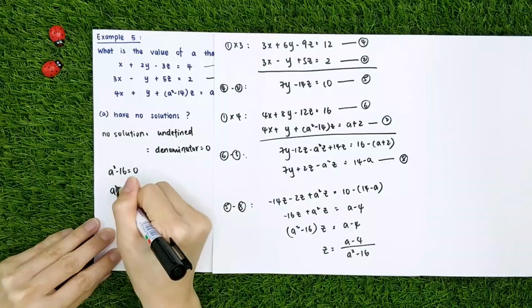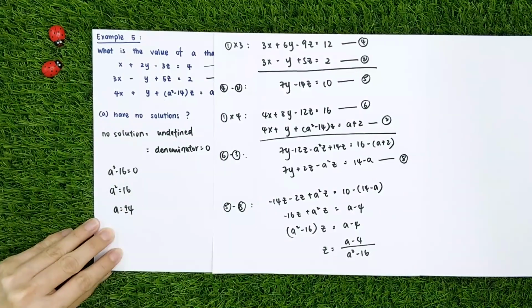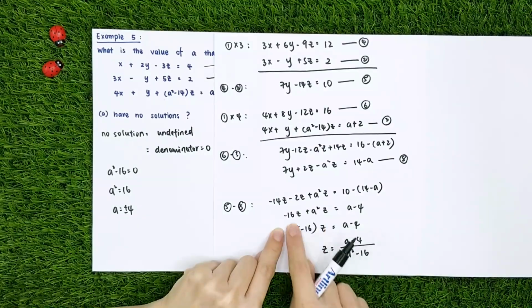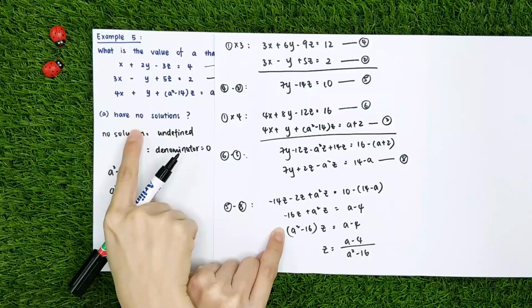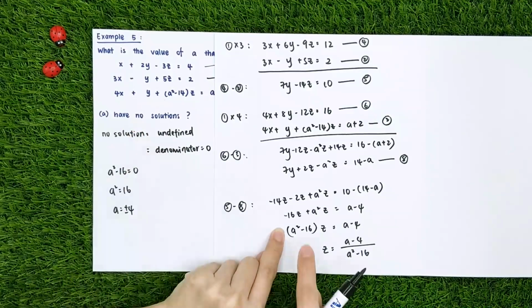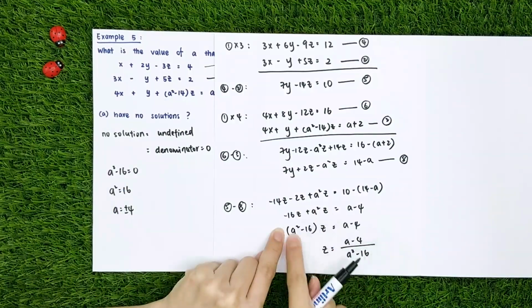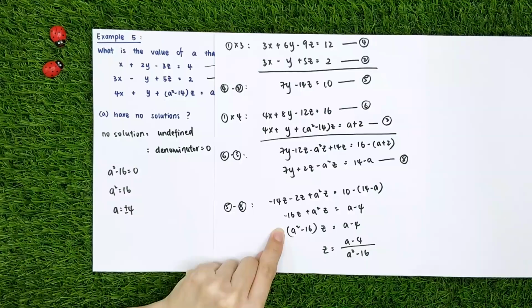So I can get a squared equals to 16, a equals to plus minus 4. Okay? From the previous example, we know that left-hand side cannot be equals to right-hand side when the linear equation has no solution. So now from here, since we say that a squared minus 16 is equals to 0, here is equals to 0 already. So we can say that a minus 4 must not be 0.